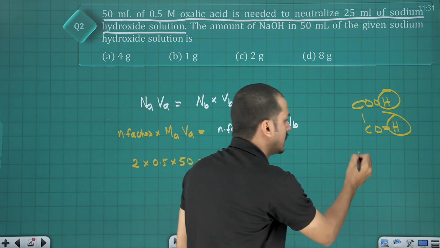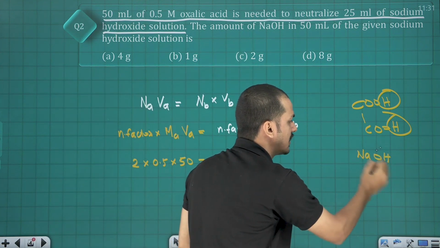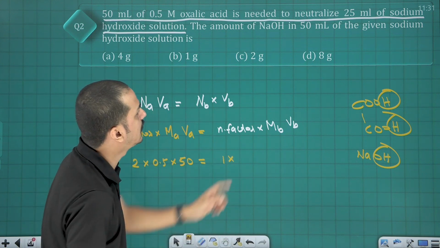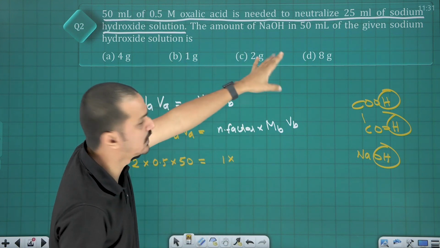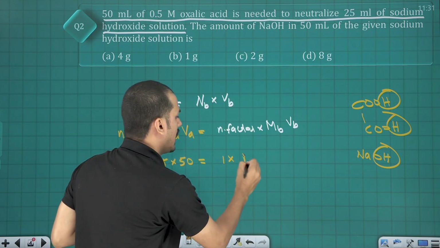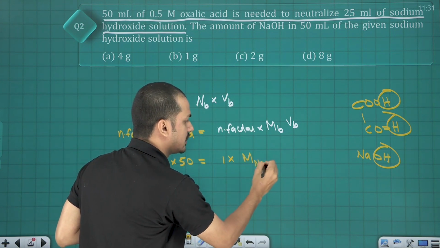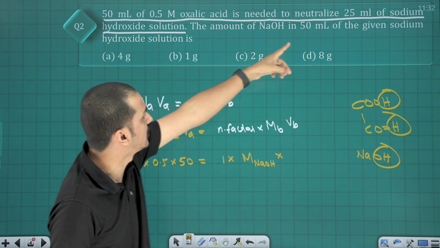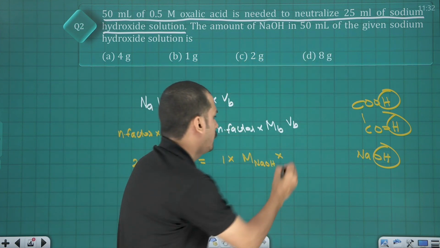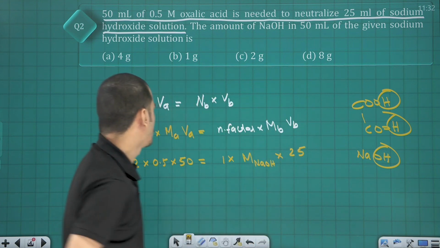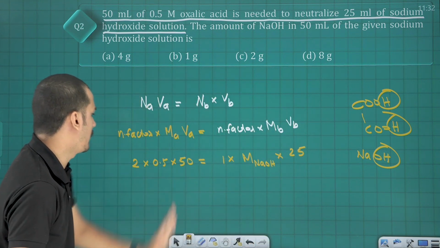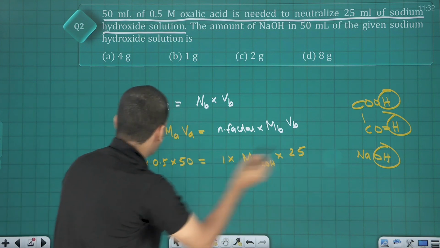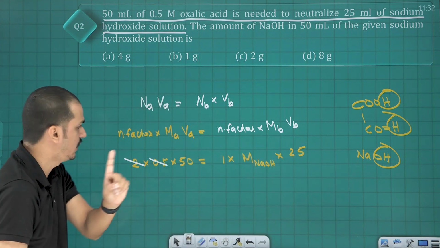About sodium hydroxide, replaceable OH minus is 1, so its n factor is 1, into molarity of NaOH, which we have to calculate, into volume of NaOH, 25 ml. 2 into 0.5 is 1, 1 into 50.